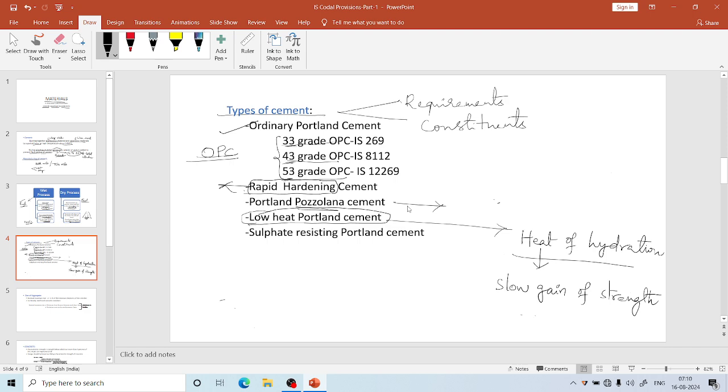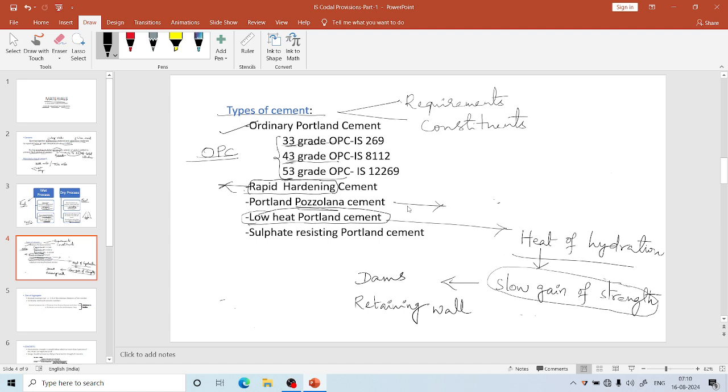Rapid cracks can be avoided with slow gain of strength in heavy constructions like dams and retaining walls. When the mass of the structure is huge, in the interior part there is a chance of developing cracks when there is rapid release of heat of hydration. So in those places we use low heat Portland cement, where there is slow gain of strength and cracks can be avoided in structures.